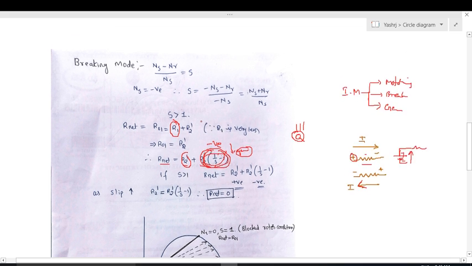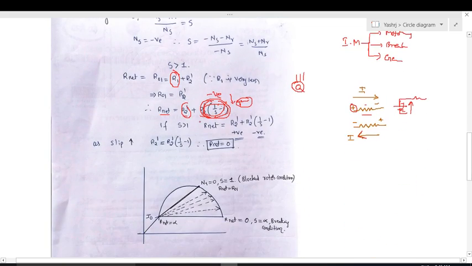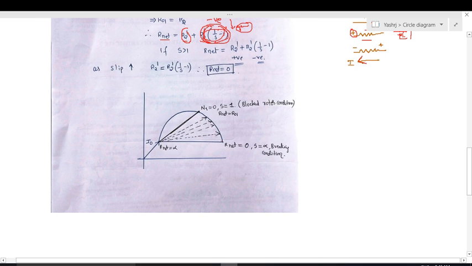So look at this. Immediately after applying the brakes, the mechanical resistance is approximately R2 dash into 1 by S minus 1, because at that moment there is maximum generation, so this value will be maximum, approximately equal to R2 dash.